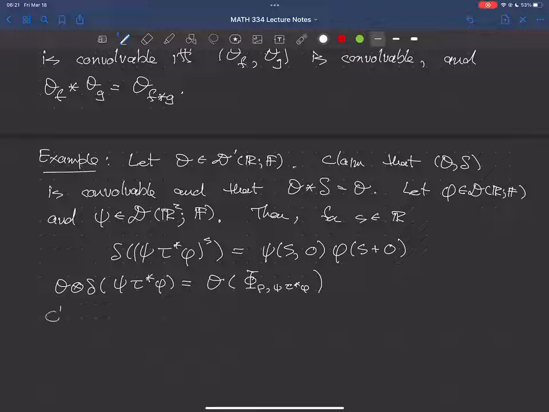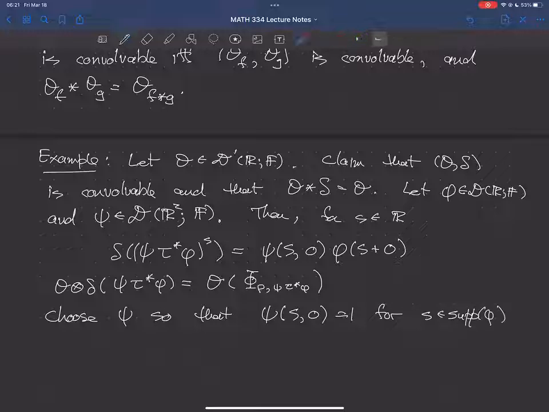okay, choose the test signal psi so that psi of S, 0 is equal to 1 for S in the support of phi.